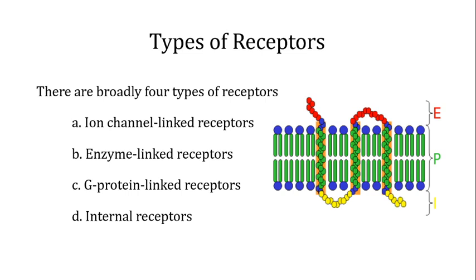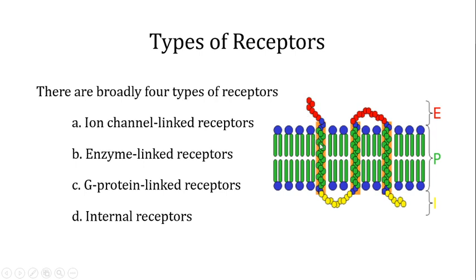Then we discussed the receptors, and I told you that most of the receptors are actually transmembrane proteins, and they have three domains. One domain, which is present outside the cell, is known as the extracellular domain, which is the part of the receptor where the ligand binds.